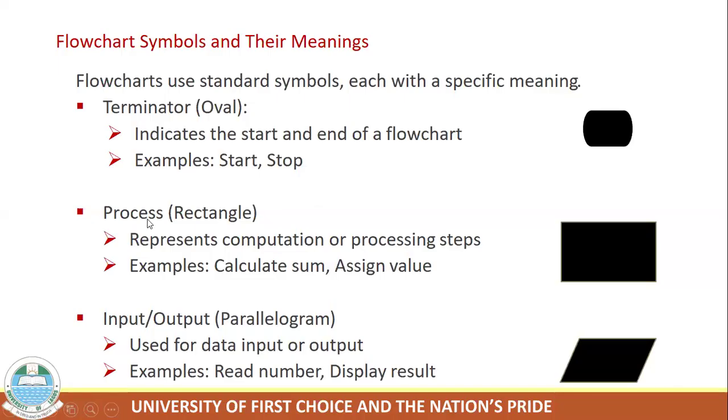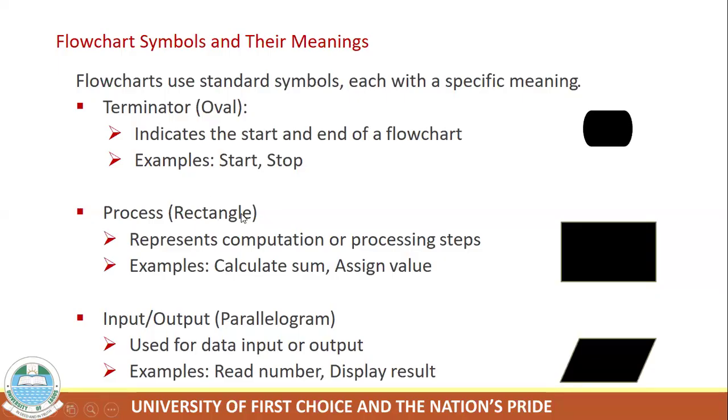All right. If you have a process, you want to compute, you want to calculate, you want to process anything. You have some values you want to add, subtract, you want to do some computation. You use a rectangle symbol to do that.